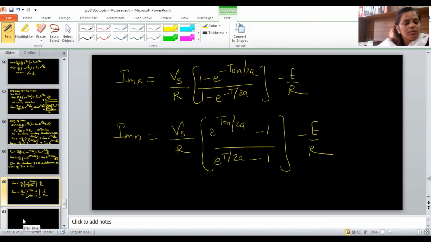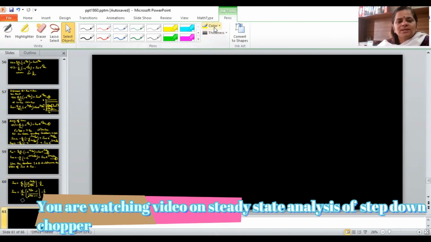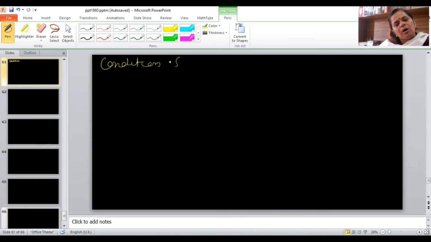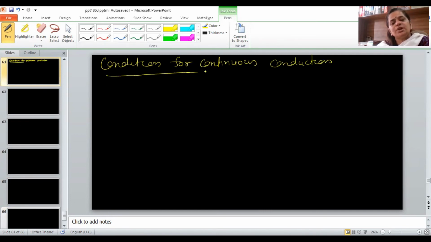Okay, now the next thing is the condition for continuous conduction. How we are going to determine this: if you want to derive the condition for continuous conduction, the threshold value is when I minimum is equal to 0.